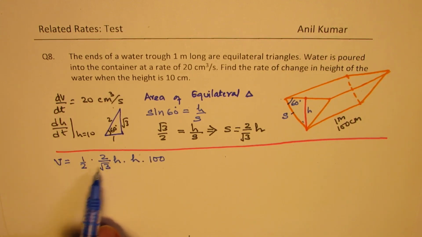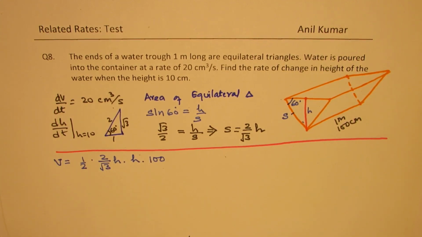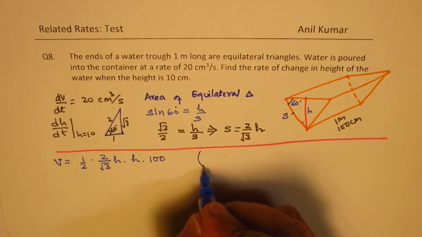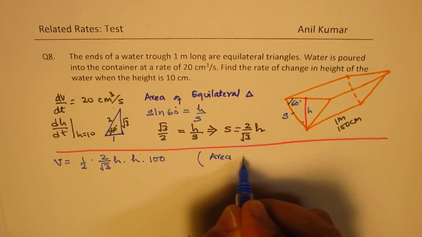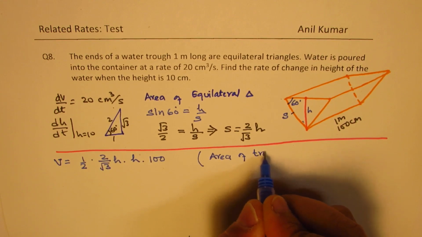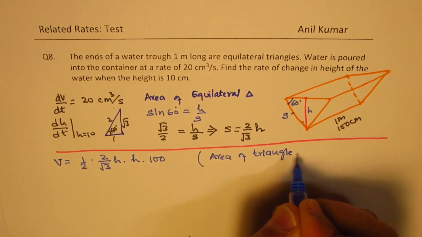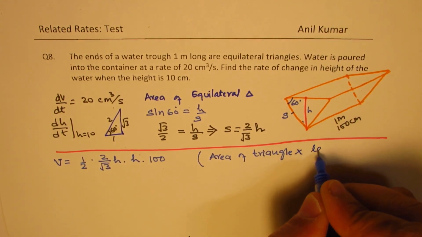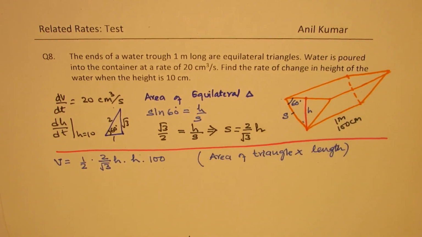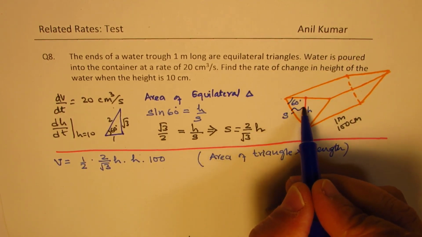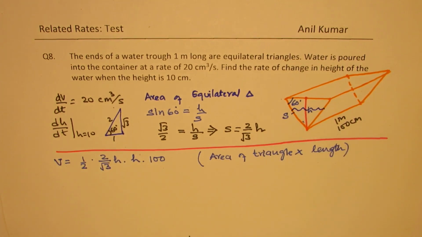So that becomes the formula for the volume, which is basically area of triangle times length. So for any particular height h in general, that is going to be the relation, because it's going to be an equilateral triangle all the time, correct? So I hope this part is clear.